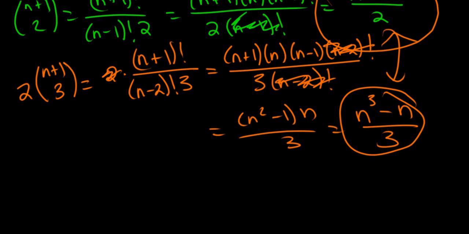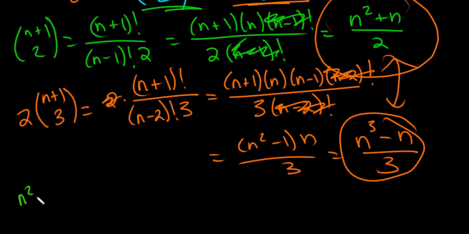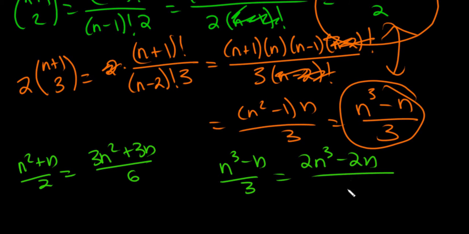So let's add them. Well, first let's put them over a common denominator. So (n squared plus n) over 2 is equal to (3n squared plus 3n) over 6, and (n cubed minus n) over 3 is equal to (2n cubed minus 2n) over 6.